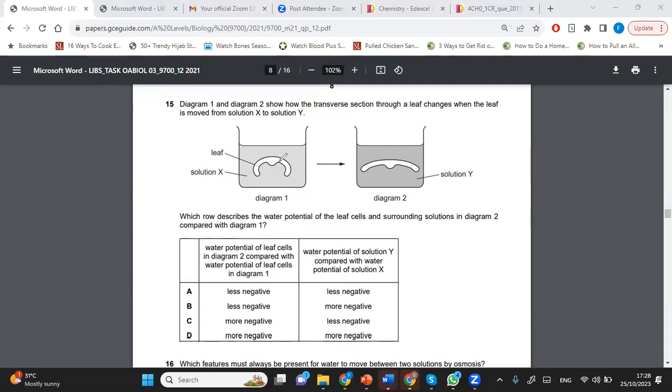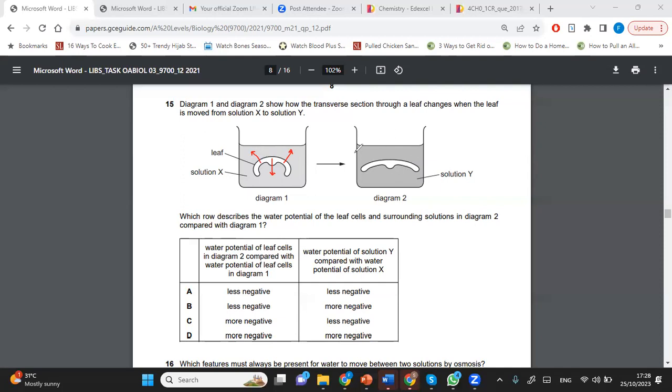When would the leaf become flaccid? The leaf will become flaccid when water moves out of the leaf into the surrounding solution. Only when water is leaving the cell, the hydrostatic pressure would decrease and the leaf would become flaccid. It would become smaller.